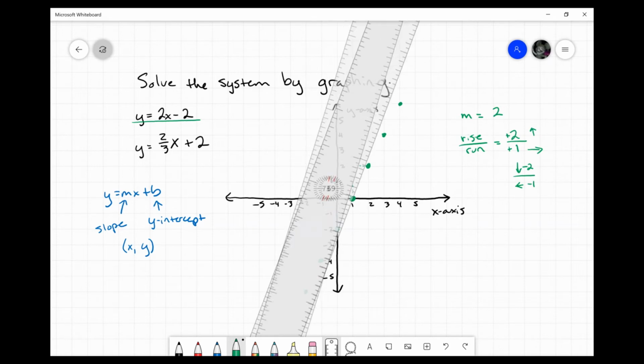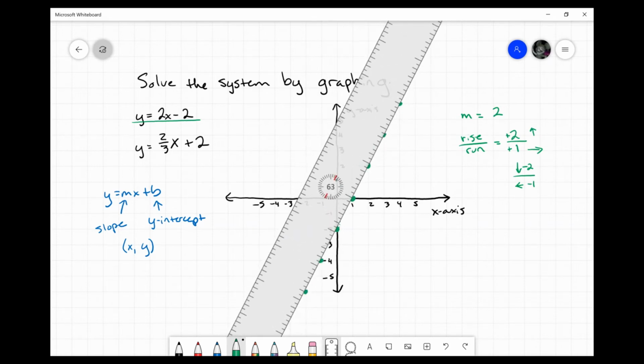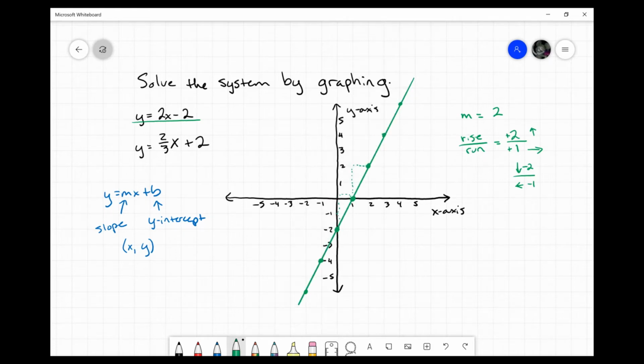Now that I have those points, I'm able to connect them, and that gives me the line of y is equal to 2x minus 2. I see the slope is positive, and as I look at this graph, it's going up from left to right, so that's good. We're working with a system, which means we have more than one equation to graph.